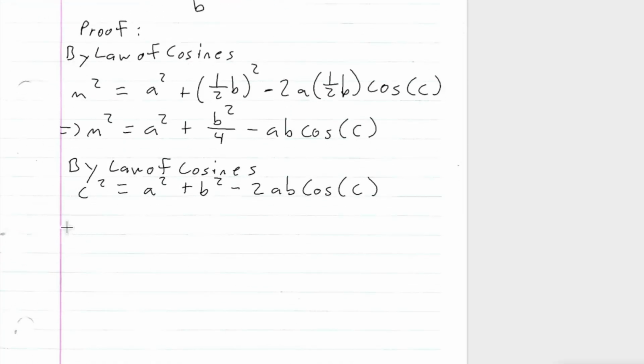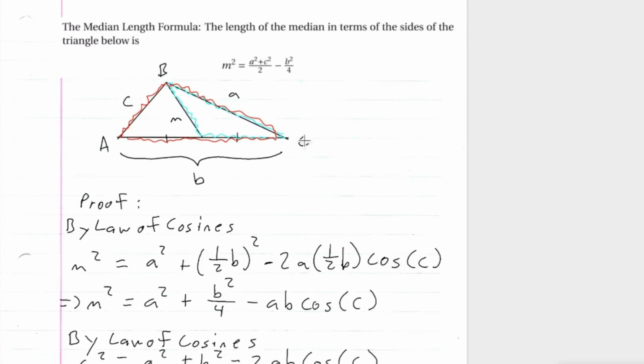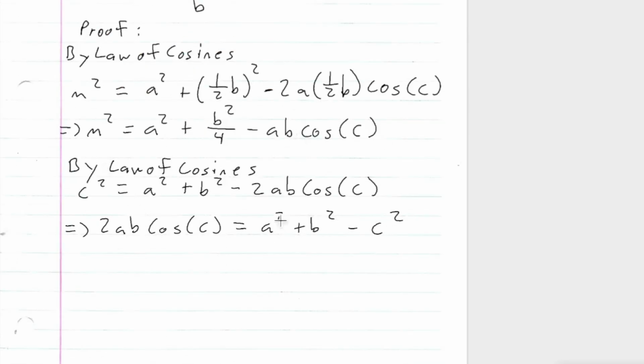So if I wanted to move the cosine here, I add 2ab cosine c to both sides, and that's going to be equal to a squared plus b squared minus c squared. Then I'm going to divide both sides by 2ab to get cosine of c is equal to a squared plus b squared minus c squared all over 2ab.